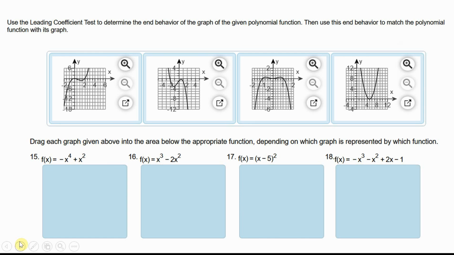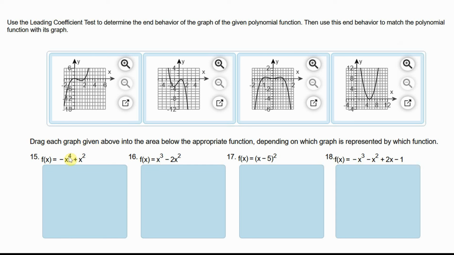All right. Use the leading coefficient test to determine the end behavior of the graph. And we got 1, 2, 3, 4 equations. Want to match up the graph based on the end behavior. Right, so look at 15.